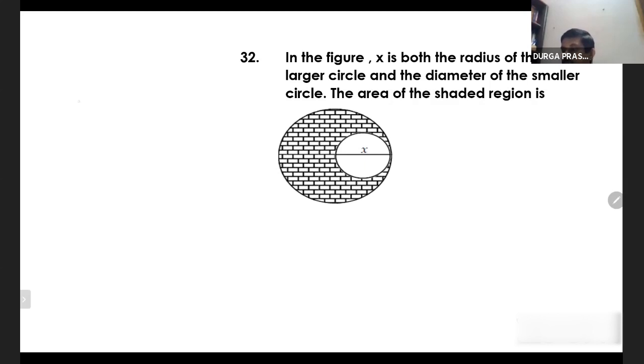See, x equal to capital R, because that is the radius of the larger circle as well as the diameter of the smaller circle. So small r is x by 2. The area of the shaded region is bigger circle area minus smaller circle area.